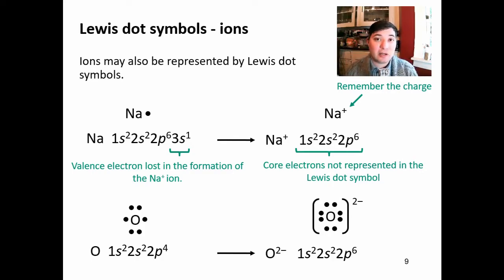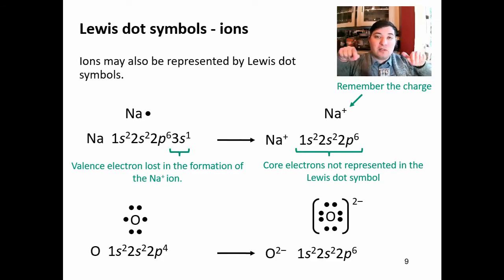And now something I want to point out is that we have square brackets around my oxygen and then a 2- symbol. And the reason why we have these brackets followed by a 2- is because we know we have extra electrons in there. We have 2 more electrons than we have protons, which gives it a 2- charge.